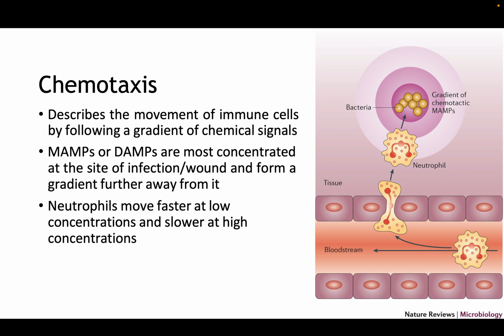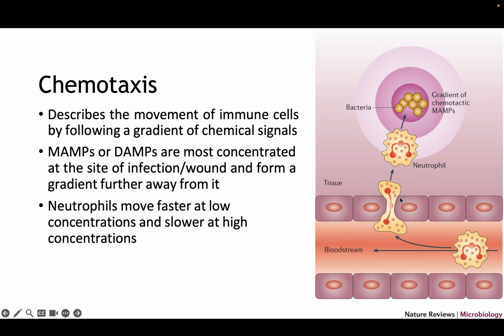So everything that I just talked about is called chemotaxis, which is literally describing the movement of immune cells through a gradient. As I said, in the area of bacteria, where the inflammation is happening, they're releasing a lot of cytokines and chemokines, and specifically chemokines are the ones that are really attracting the neutrophils.